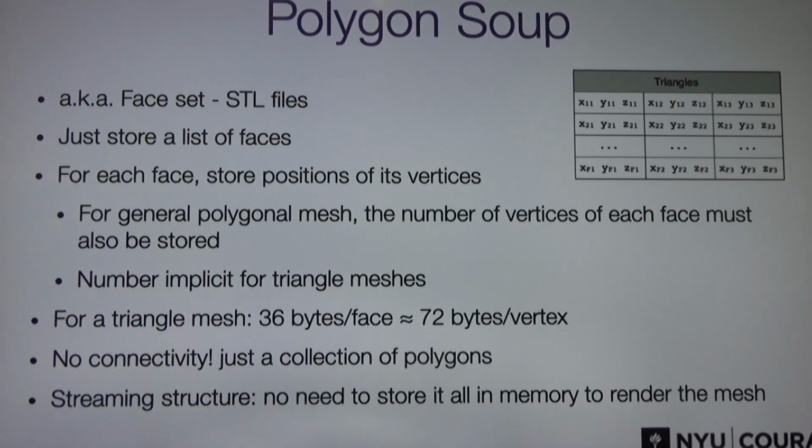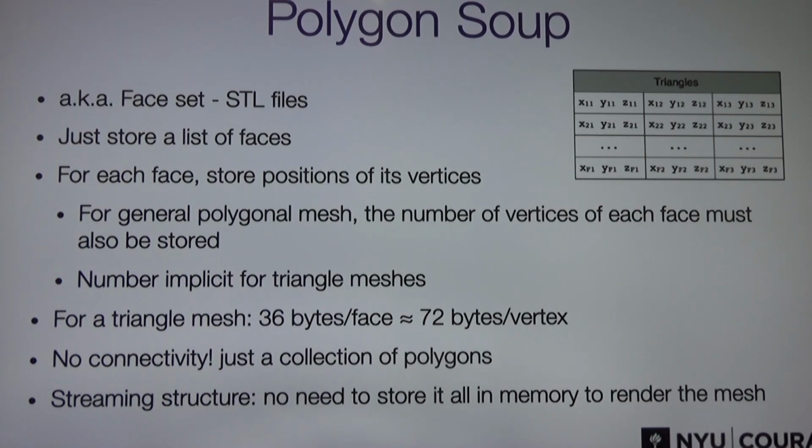One of the most straightforward ways of storing a mesh is the so-called polygon soup. It's called this because it stores each triangle separately and individually. It doesn't encode any global structure. It's just a face set. So you just store a list of faces, and for each face you store the positions of its vertices.